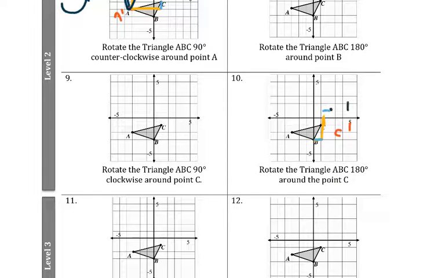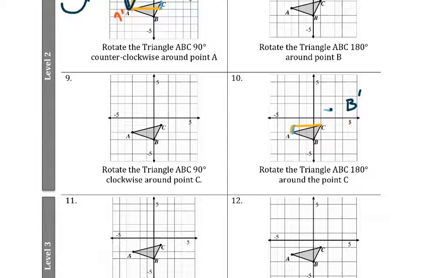Okay, here's B prime. And then, well, we already know that C prime's in the same place. For A, go like that. Okay, rotate the yellow part 180 degrees.